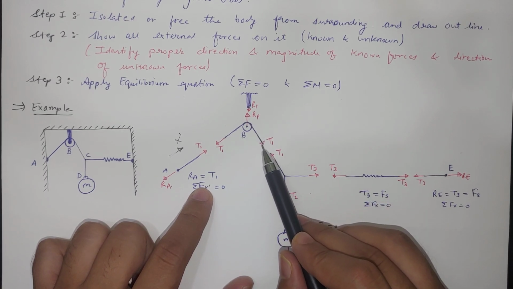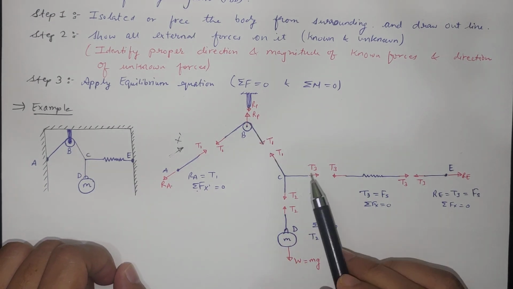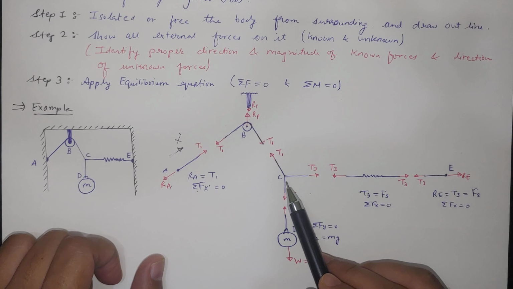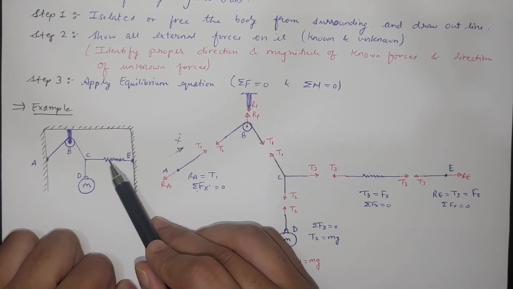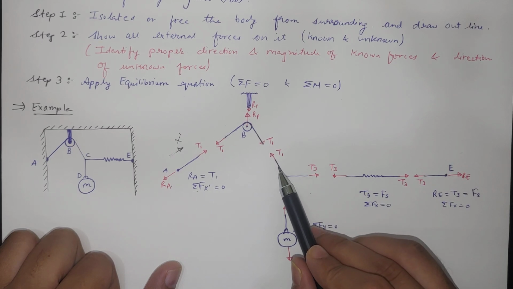Now if we isolate this rope and analyze point C, point C has three different ropes. One goes to the pulley side, one to the spring side, and one to the mass side. If we draw it like this, there will be three different tensions in three different directions.